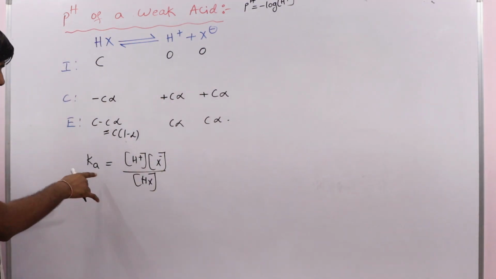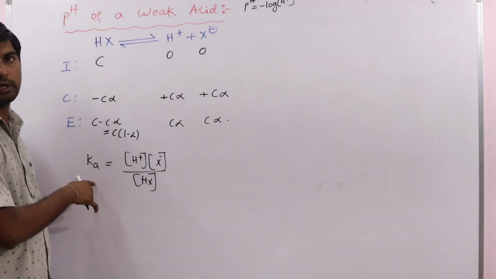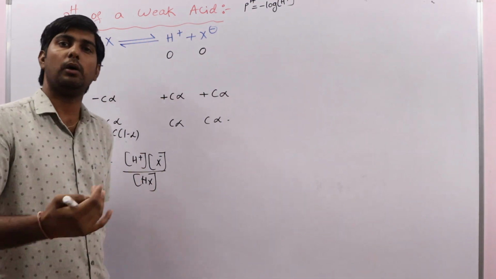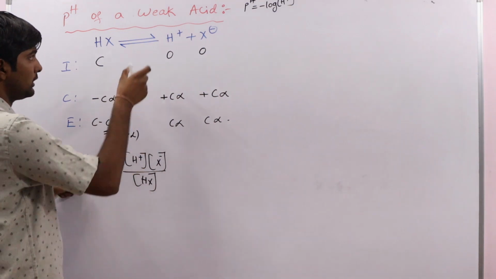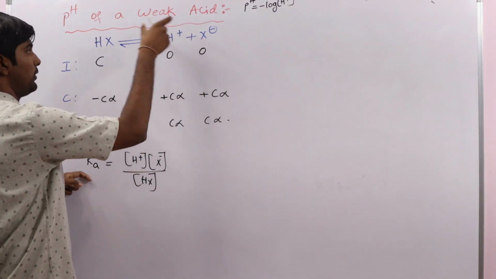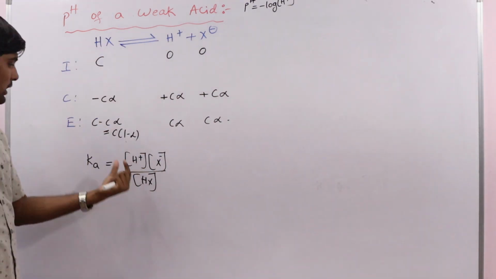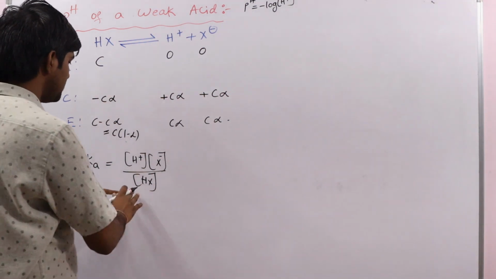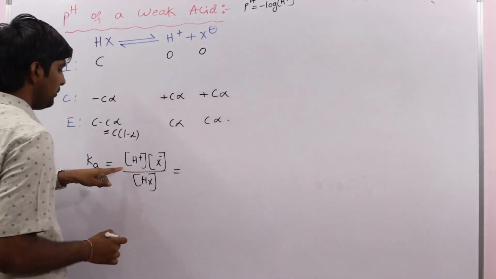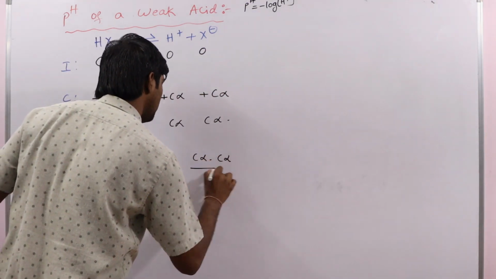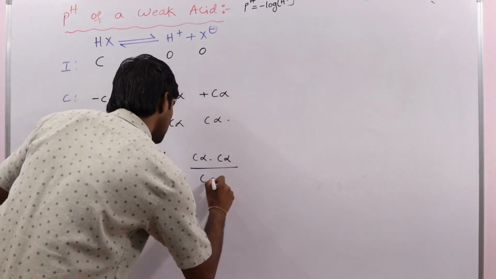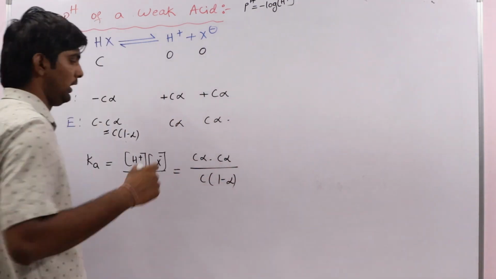Yes or no? This is nothing but an equilibrium constant. Already we discussed how to write the equilibrium constant, right? The product of concentrations of products by the concentration of the reactants. If you substitute the equilibrium concentrations, C alpha, this is also C alpha, by C of 1 minus alpha.